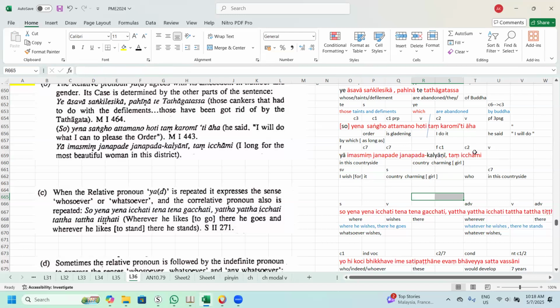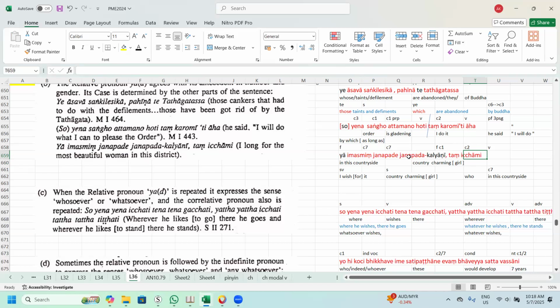Now, there is only one verb here. There's no verb here. So in this case, subject, verb. Since this is first person singular, we put "I wish". Can you see it? Then this is technically also a subject, in subject form.